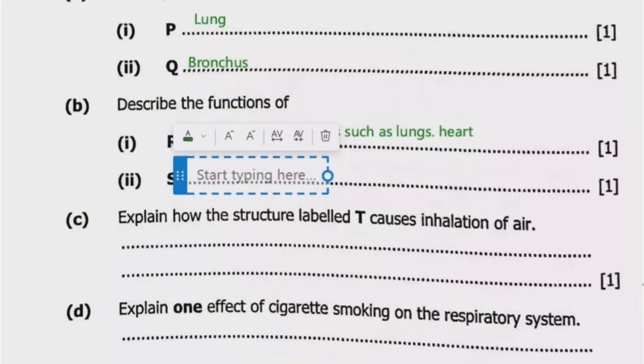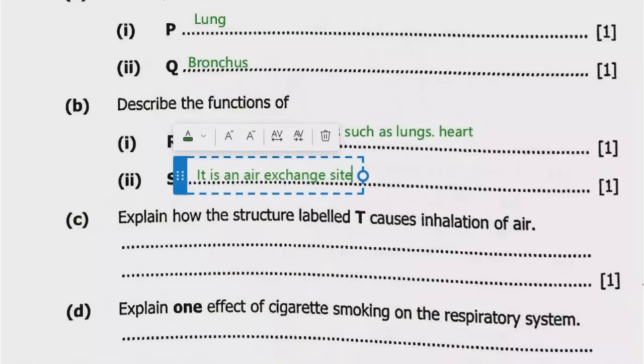Okay, so the function of air sac is, it is an air exchange site.